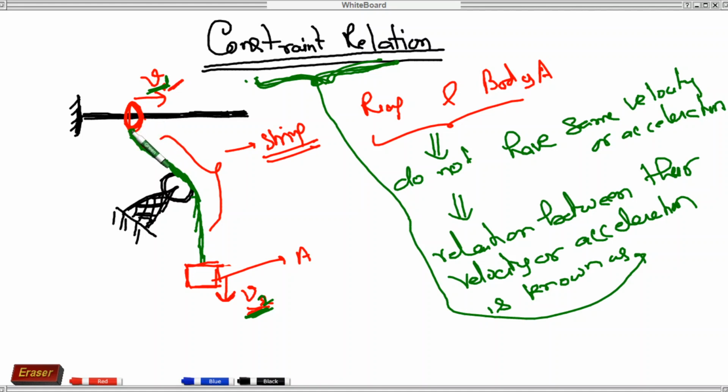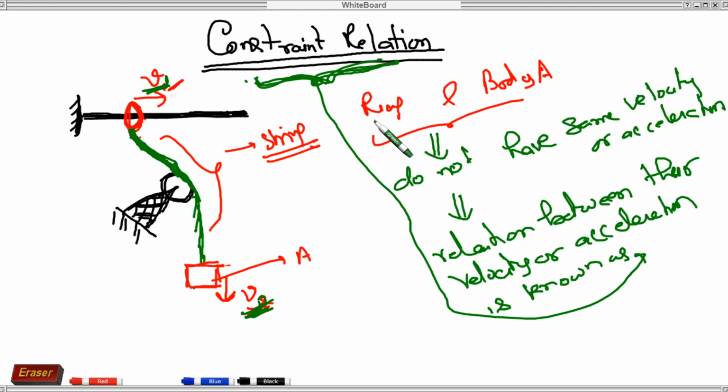This ring and this mass are connected by the help of a string, but they do not have the same velocity or acceleration, and there is some relation between their velocities or accelerations. So that relation is called what? Constraint relation.